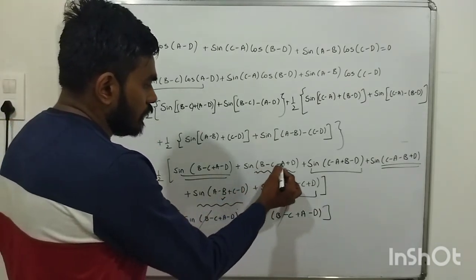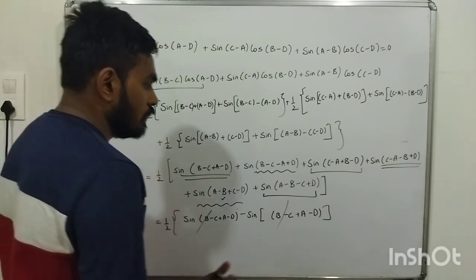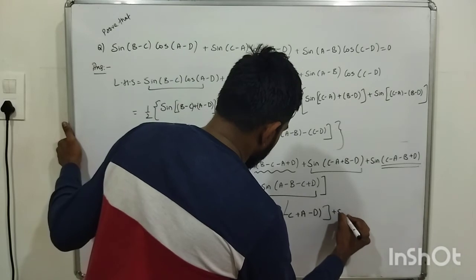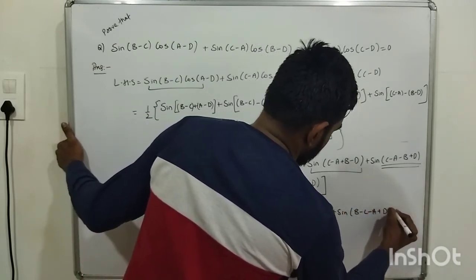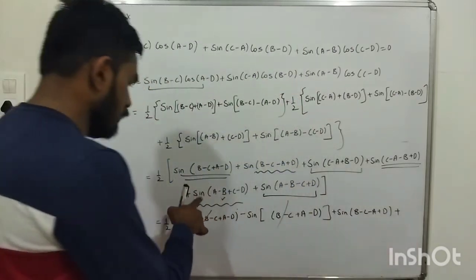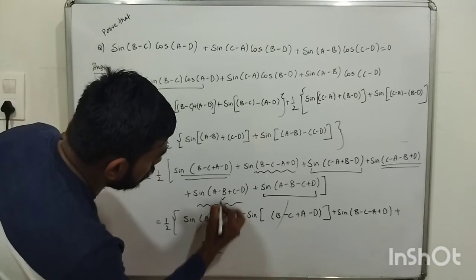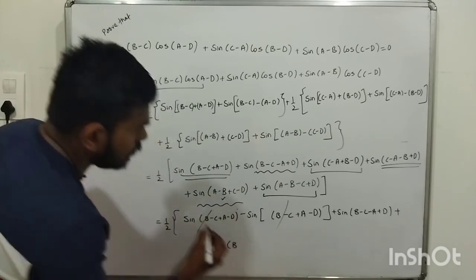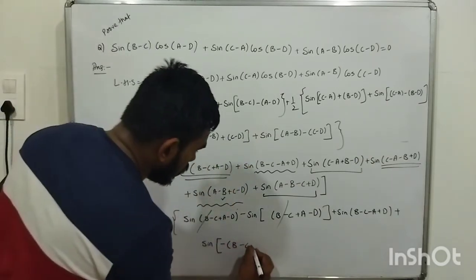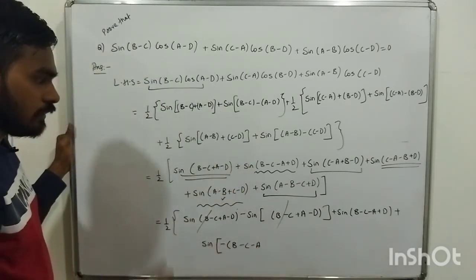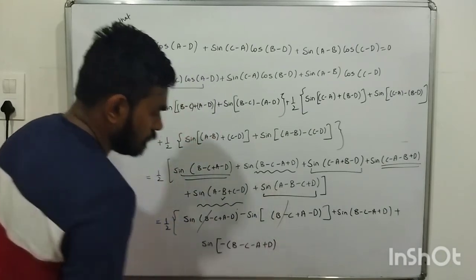See this, B minus C minus A plus D. So if we take minus sign common out, what will we get? Plus sign, B minus C minus A plus D from this term. So if I take minus sign common out, this B will get plus sign there, okay, this plus C will get minus C, then A will get minus A, since I took common minus sign out, D will get plus D minus, understood now?